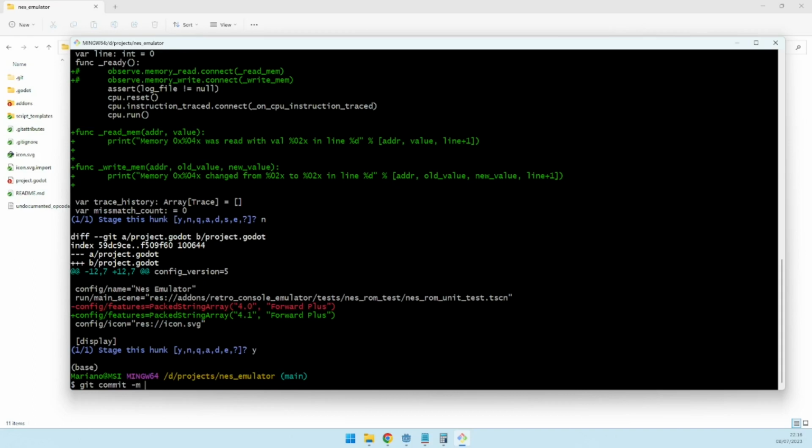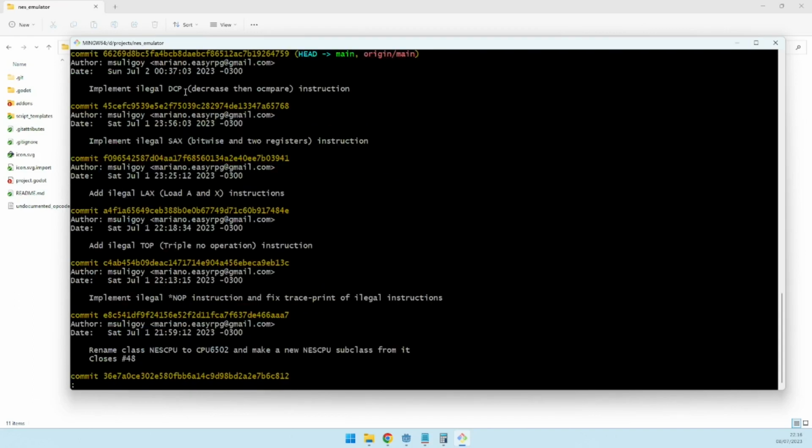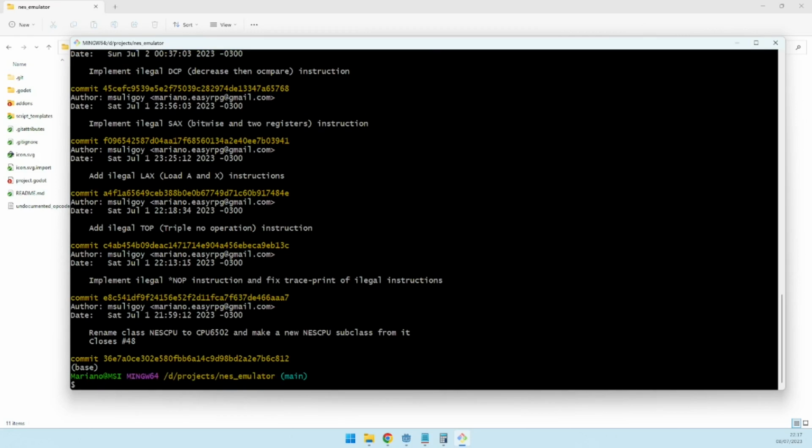Git commit. Implement. How was the wording we were using? Illegal instruction. I always mistype this. Anyway.